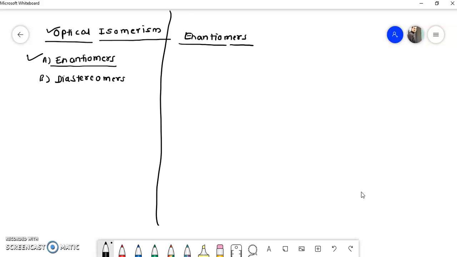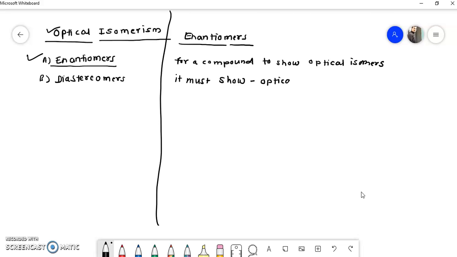Now before going into detail with enantiomers, as I said earlier, for a compound to show optical isomerism, it must show the phenomenon known as optical activity.